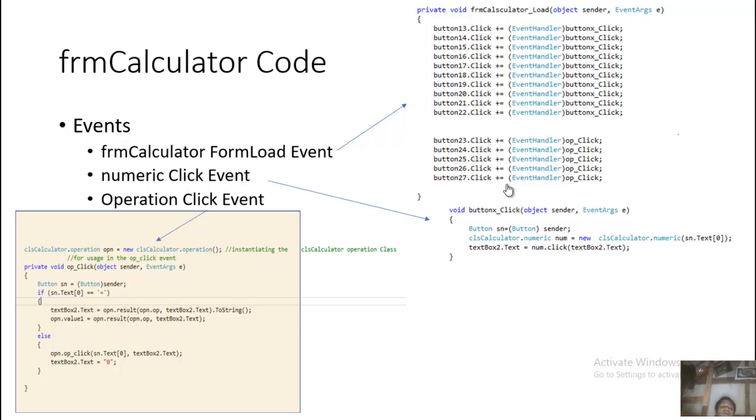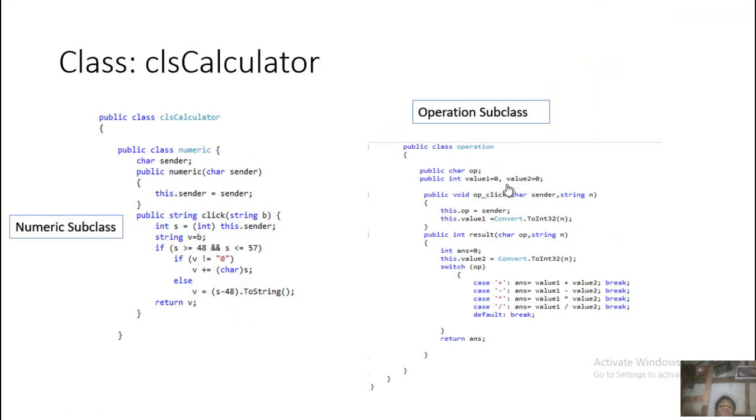Now when the first character of the sender text is not the equality sign, that means the plus, the minus, the divide, or the multiply symbols are being clicked, then the OP click method is called, and the display area is set to 0.